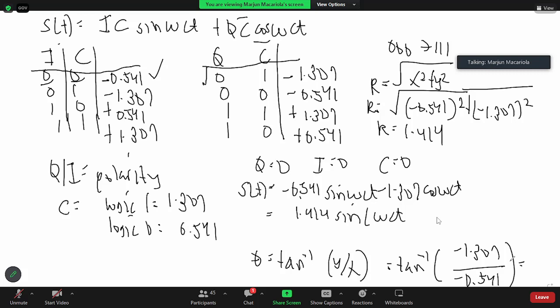Sagot po ay negative 112.5. Again, di na naman kayo nakinig. Kapag negative ang x, negative ang y, minus 180 degrees. Kapag negative ang x, positive ang y, plus 180 degrees. Kaya ang sagot po ay 1.414 sine omega c t minus 112.5 degrees. Nakuha?